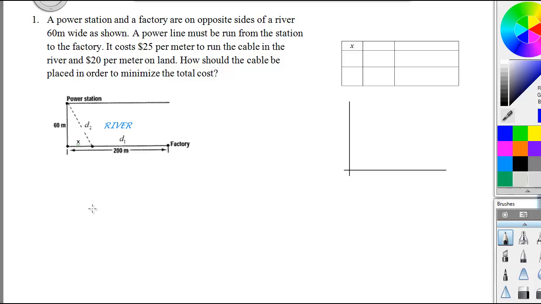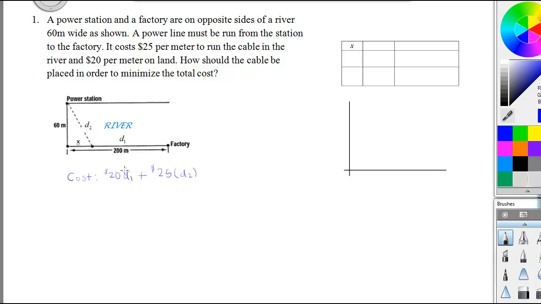So the constraint on this is a little bit tricky. I think it's almost easier to not really think of a constraint. You just need to find the cost, and the cost equation is $20 per meter for anything along D1 plus $25 per meter for any length along D2.